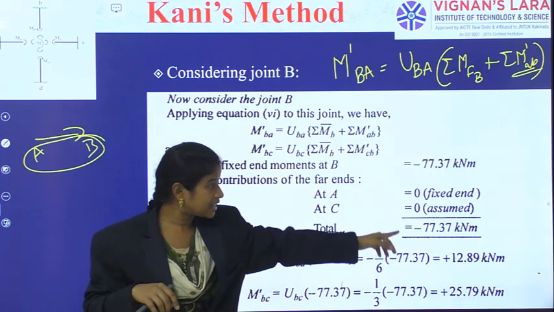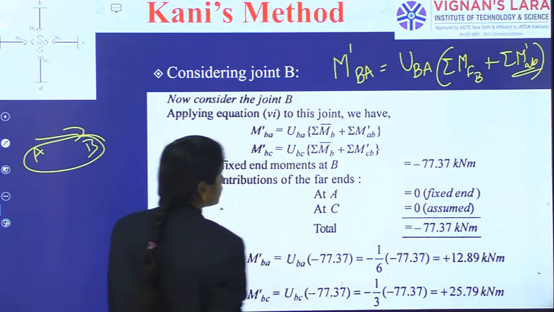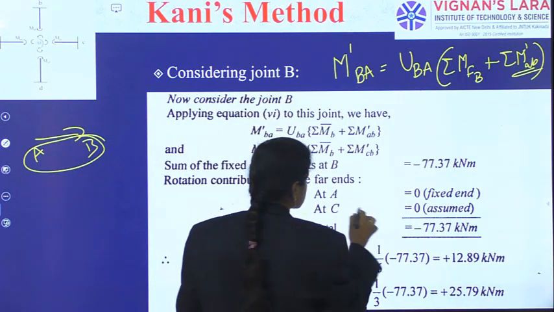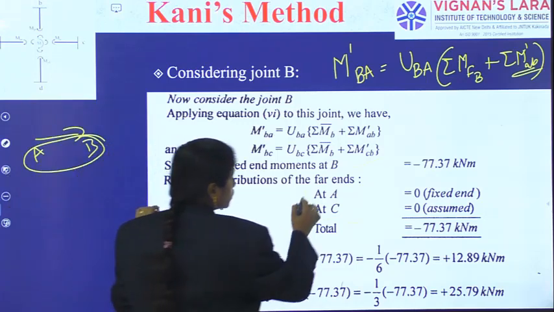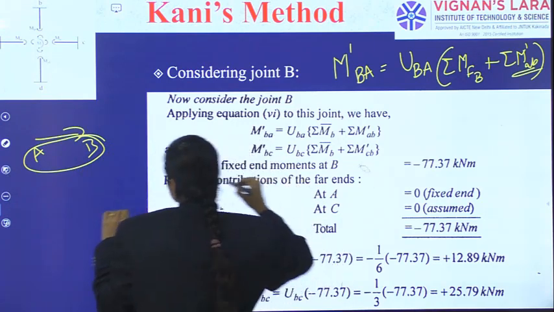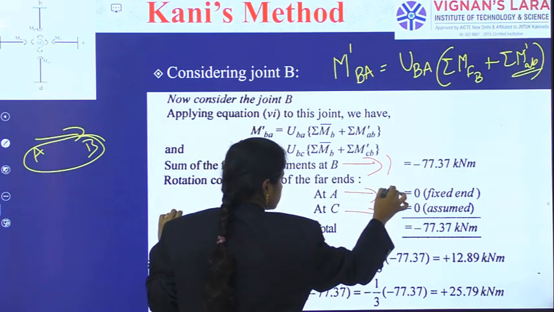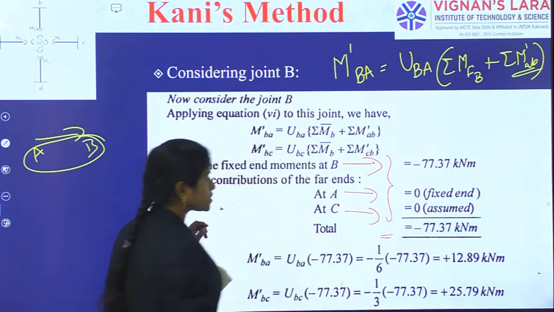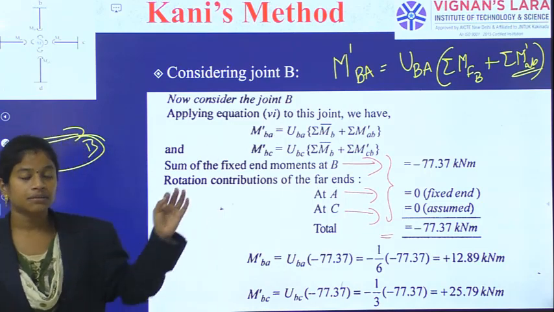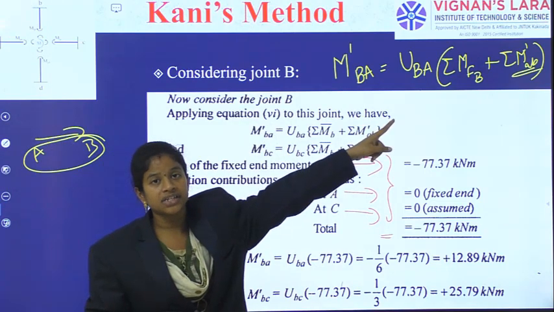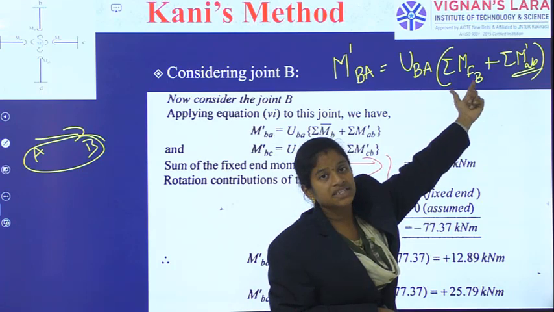After getting the rotation contributions, you can calculate the total summation as the fixed end moment at B and the rotation contributions towards B from A and C. So, the summation of the fixed end moments plus the summation of the rotation contribution of the farther ends. Because why sigma MFB? Because it involves MFBA plus MFBC.